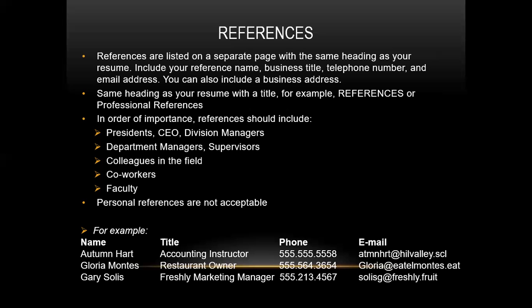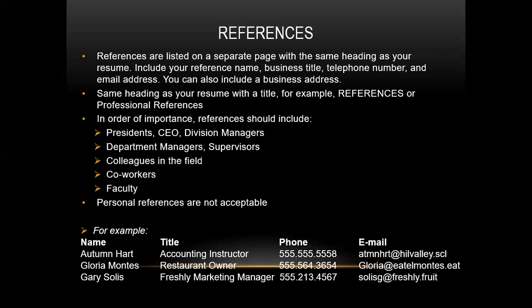So, for example, presidents, CEOs, division managers, put them first. If all of your references are at the same place, we don't want to put a supervisor before we put the manager.